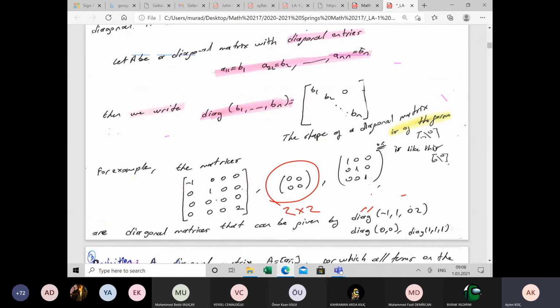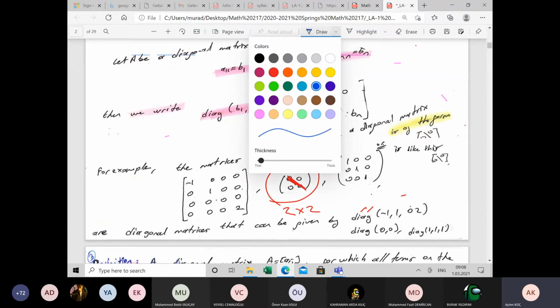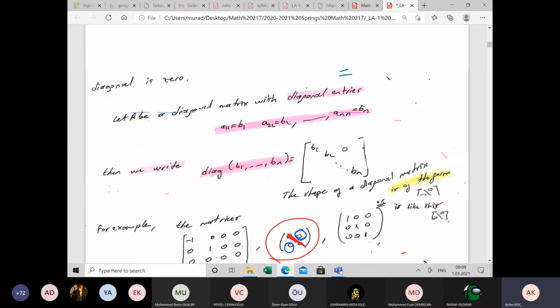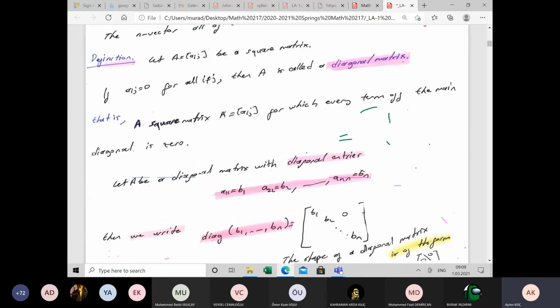Is it a diagonal matrix or not? Yes, a diagonal matrix. What is the reason? Because this is the main diagonal, and the other parts should be 0. Yes, and they satisfy the definition of the diagonal matrix.